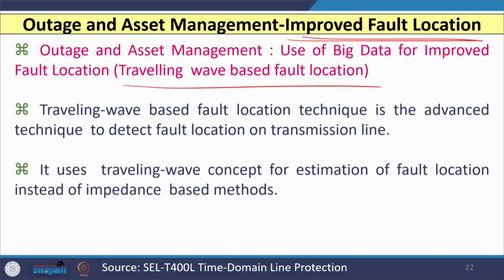Instead of that, if we have such a correlation of data available, let us say lightning network data, or data from the travelling wave based fault recorders, then we can go for the detection of fault location using the travelling wave based fault location technique.